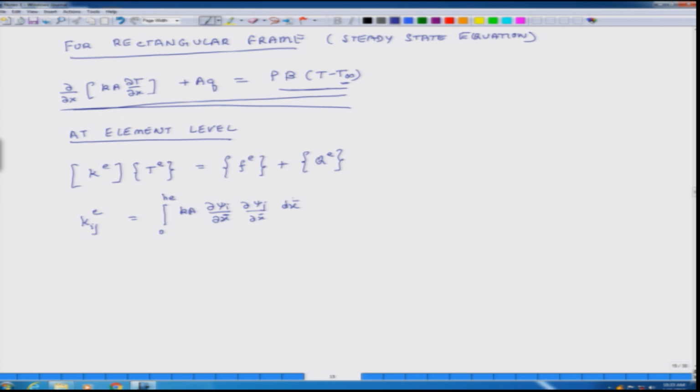So, that is my K I J plus, now you see that this T is an unknown. So, we always typically move all these unknown primary variables to the left side.